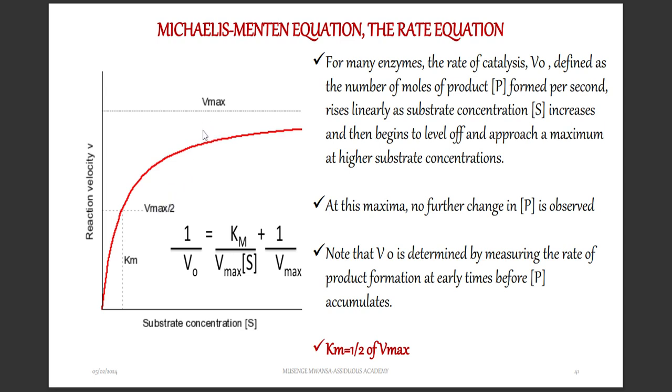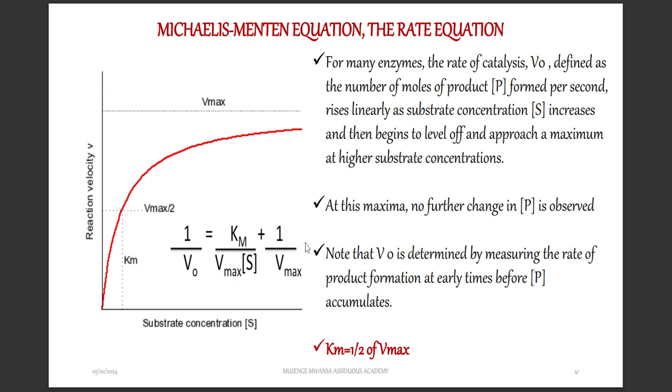Now, if you find out the concentration of the substrate at half the maximum speed, that is known as the Km. So Km is just the concentration of the substrate when the speed of the reaction is half of the maximum.